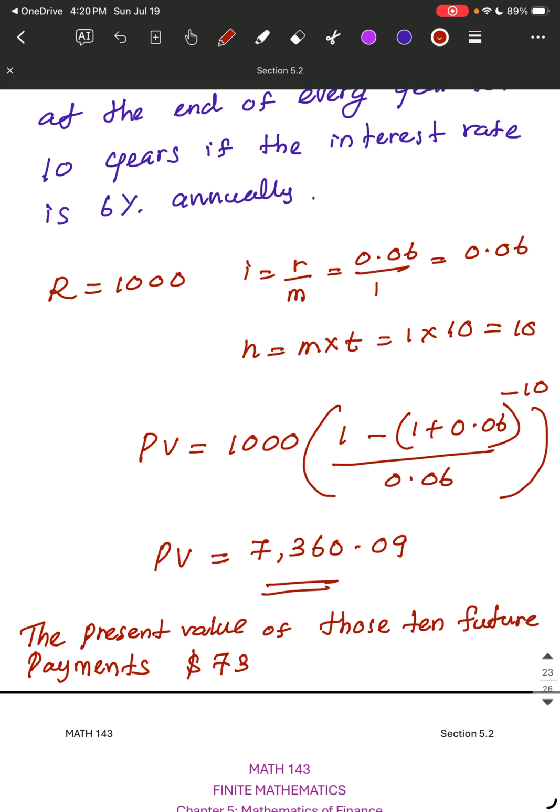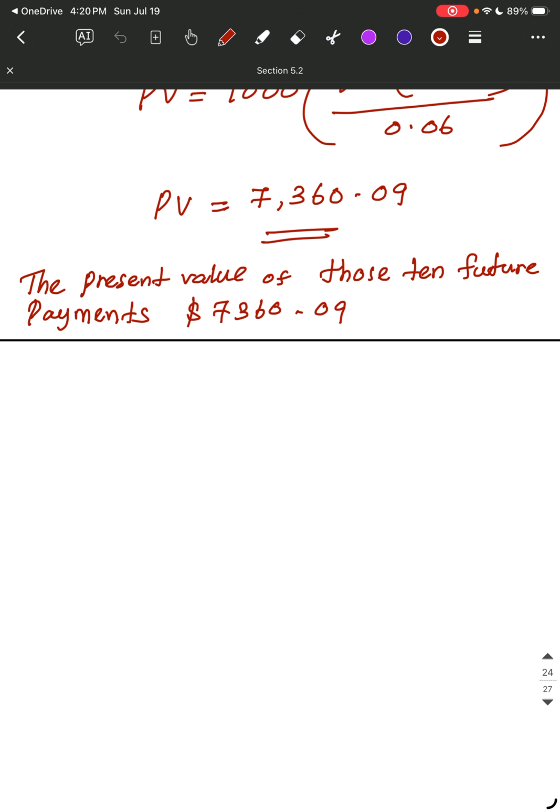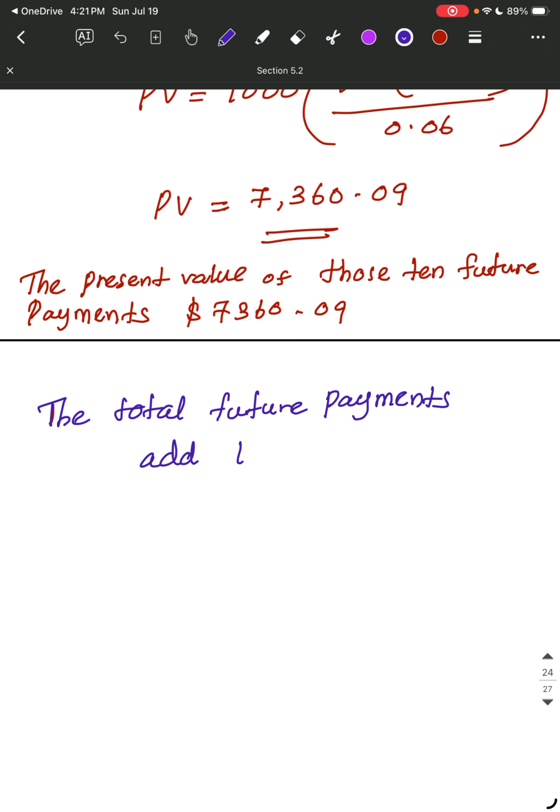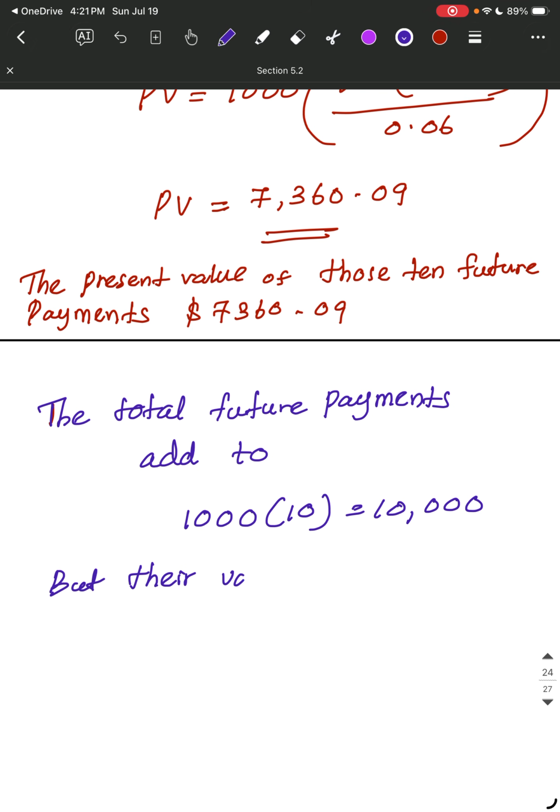Let's see the total future payments add to 1,000 times 10, 10,000. But their value today is only about $7,360.09.